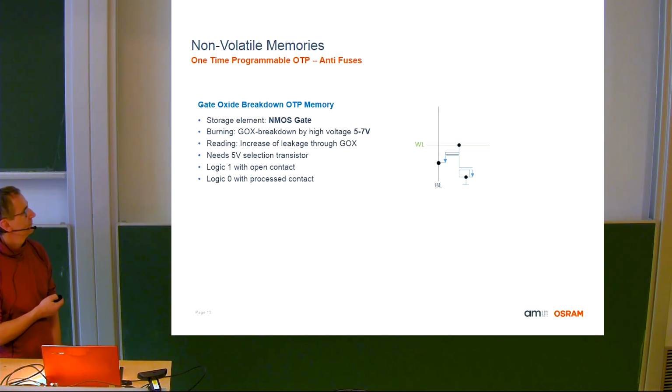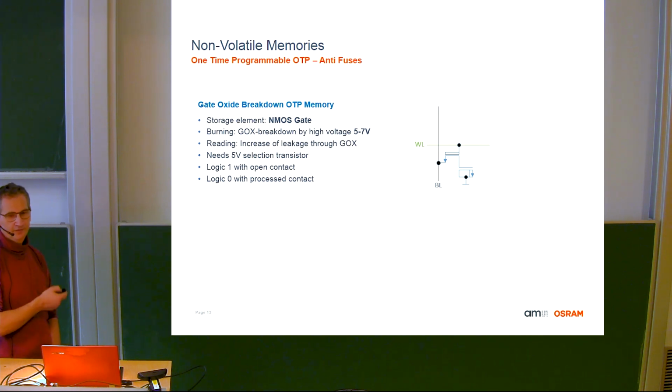The physical difference is that this has a thick gate oxide, thick compared to the small transistor. From a reliability standpoint, you need much more voltage to destroy this gate oxide than this one. And you use this difference. So you apply here a certain voltage, destroy the gate oxide, and then you have exactly what you had.